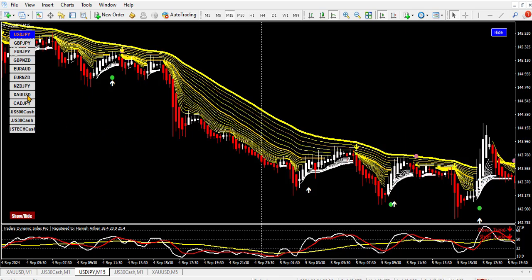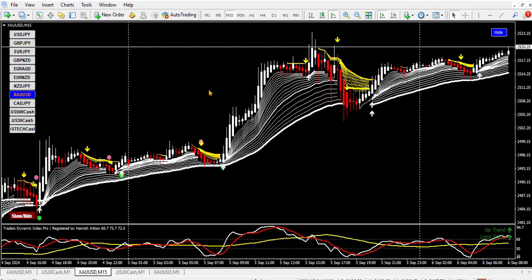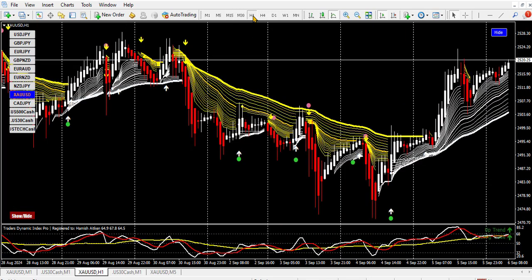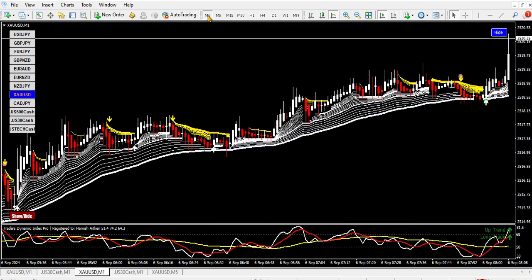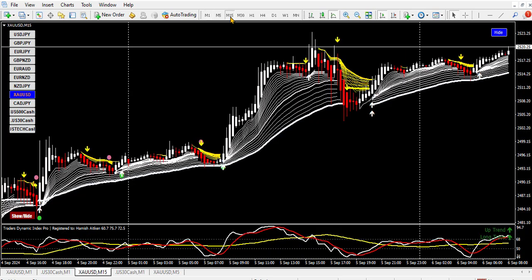So let's check other pairs. It is the same methodology. This is 15 minutes time frame on gold, and this is 1 hour time frame. And here is it on 1 minute time frame. All depends on you.